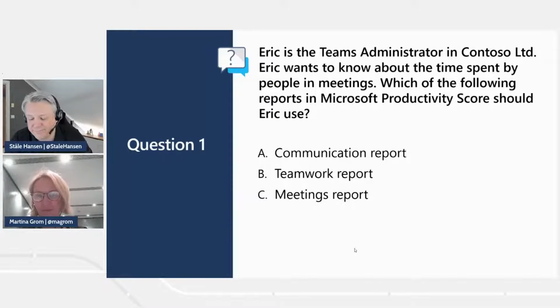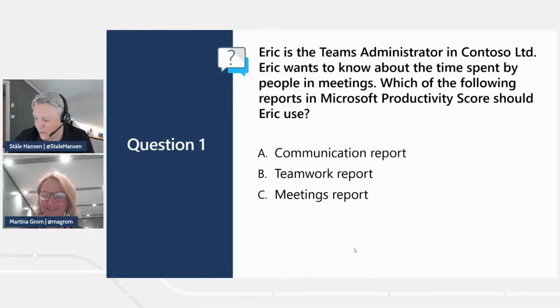Yeah, I would too, because it says you want to look at how meetings are being used, and there is an option here called meetings report. Very difficult to choose something else. But then the question is, is it the correct answer? So let's take a look.